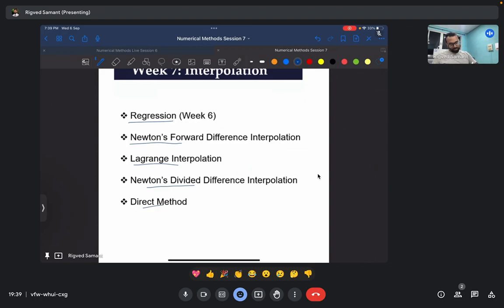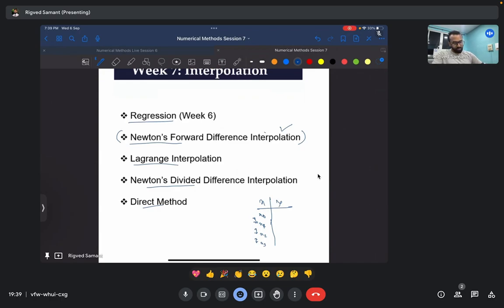This first one can be used when your data set has x and y values, and the x values x0, x1, x2, x3 have a constant difference between them.